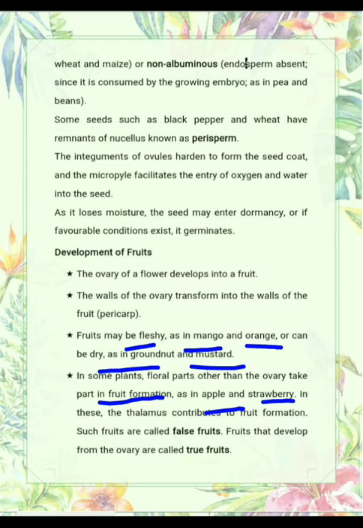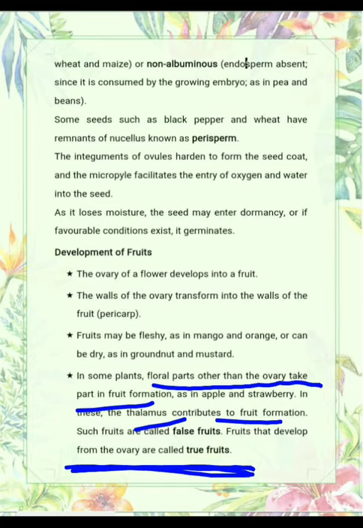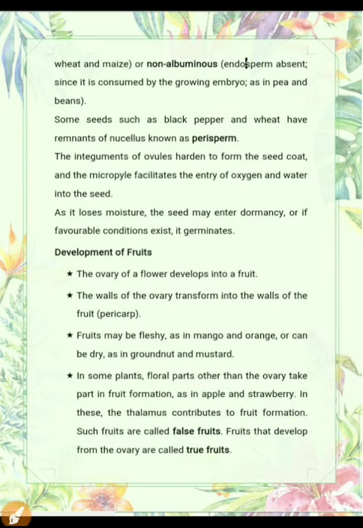These types of fruits are called false fruits, and fruits that develop from the ovary are called true fruits. Means there are two types of fruit. The fruits which develop directly from the ovary are true fruits, and the fruits which develop from a part other than the ovary, maybe thalamus or any other part, are known as false fruits. Examples are apple and strawberry.